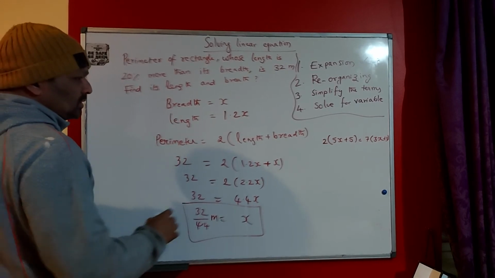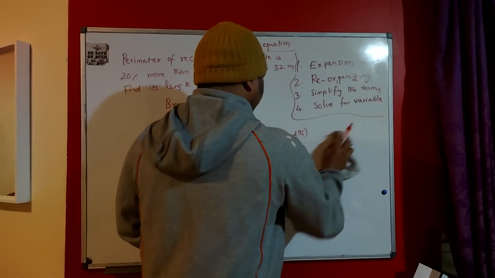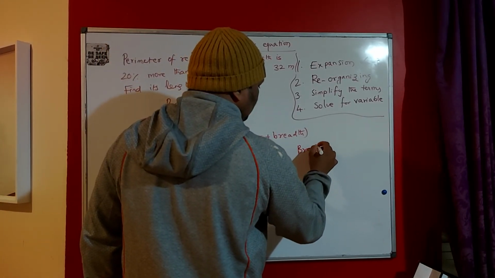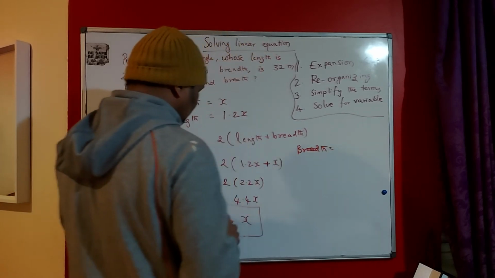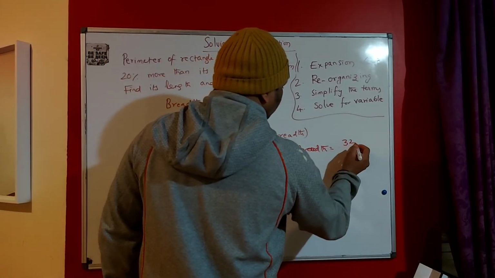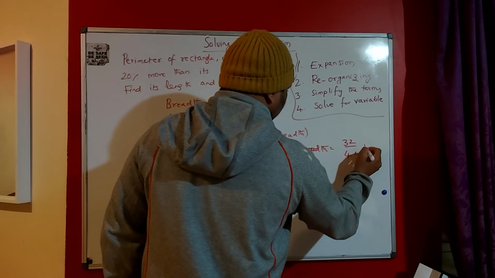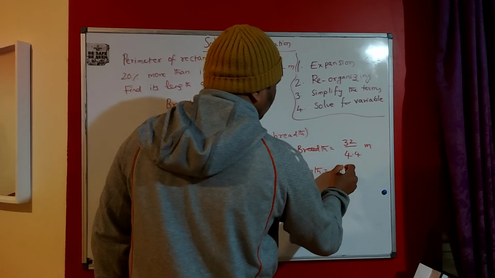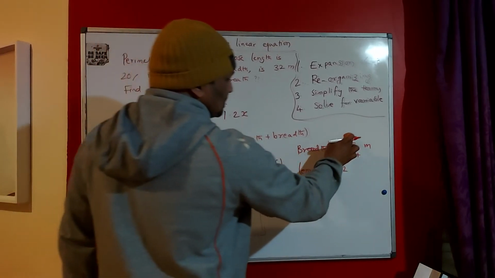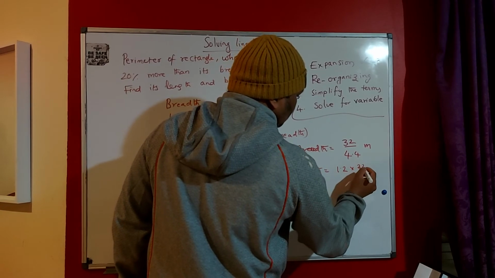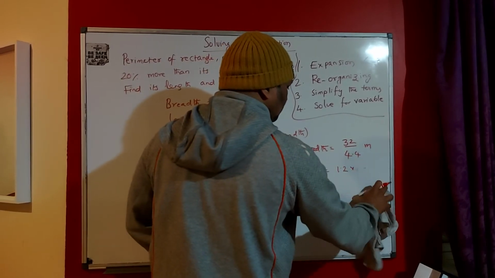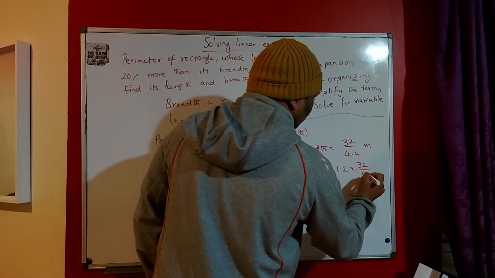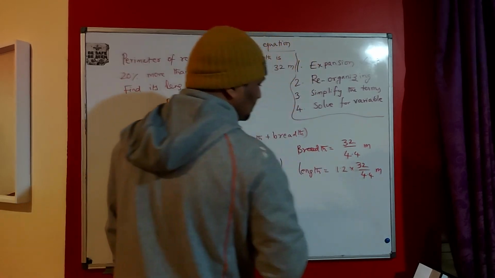So the conclusion is: breadth is 32 by 4.4 meters and the length is 1.2 x. What is x? 32 by 4.4 meters.